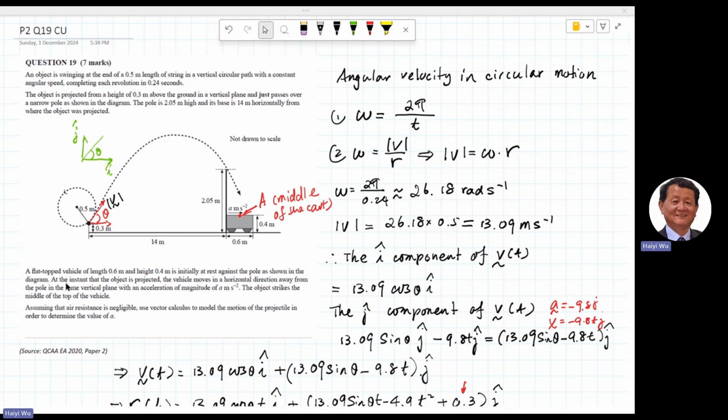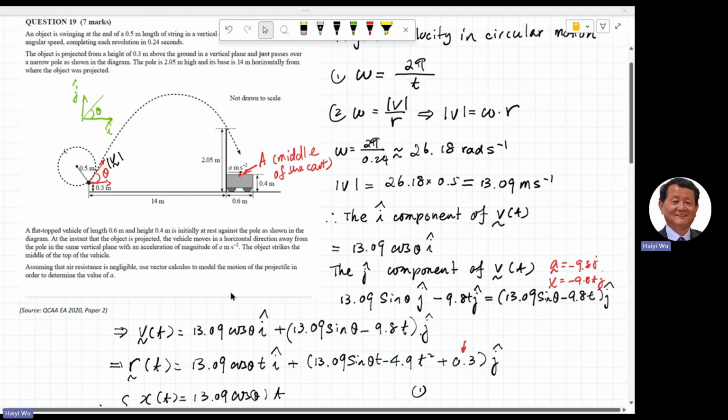At the instant the object is projected, the vehicle moves horizontally in a direction away from the pole, in the same vertical plane, with acceleration a meters per second squared. The object strikes the middle of the top of the vehicle, that's point A.